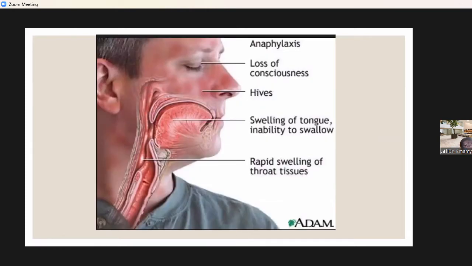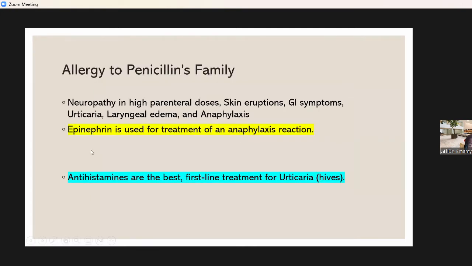If the patient only shows some hives or urticaria, your first line of treatment would be antihistamine. So if your patient only has a skin rash after antibiotics, any antibiotic or even penicillin, but the patient doesn't have edema, swelling, wheezing, you may give the patient only antihistamine.